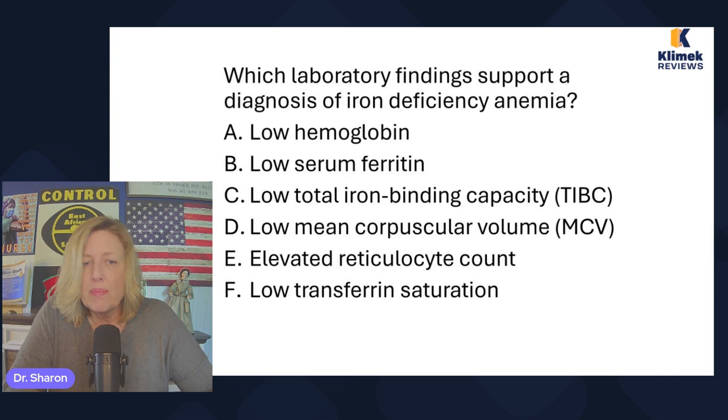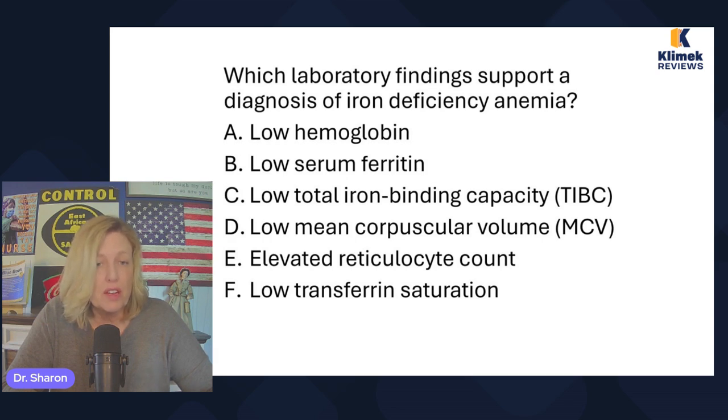Low total iron binding capacity. So it's not lowering the capacity to bind with iron, it's just lowering the amount of iron in the body. So that doesn't support the diagnosis of iron deficiency anemia. Low mean corpuscular volume. It's just the size of the red blood cell. It does tend to be smaller when you have a lower iron level. So that would be true.